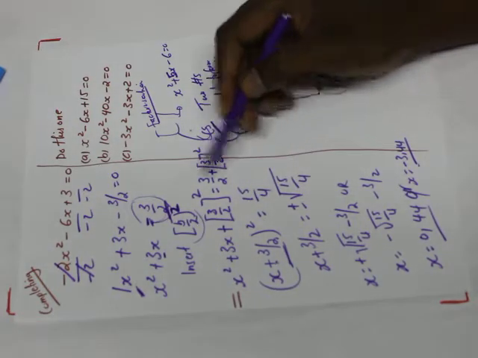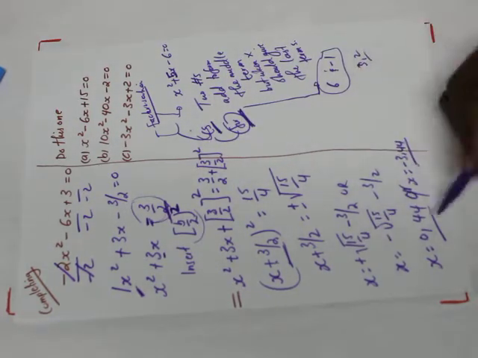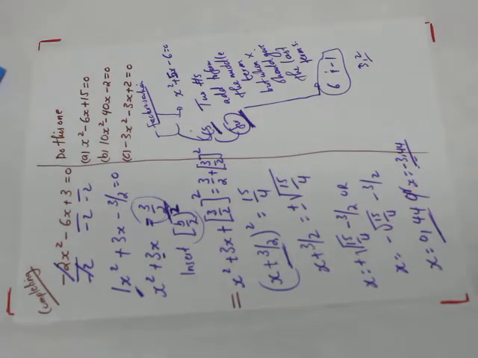Then you solve, making sure it's plus or minus, and you'll get your two answers, which concludes the fact that if it's a quadratic, it always has two answers.